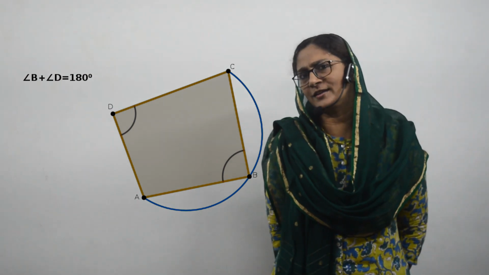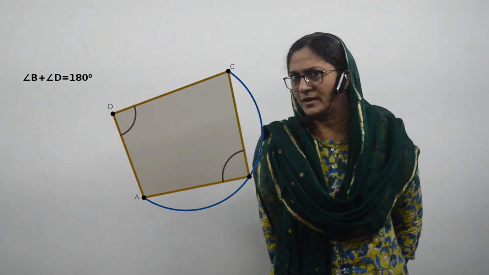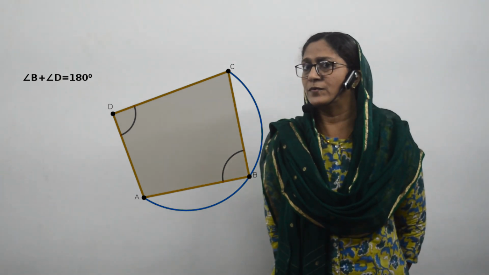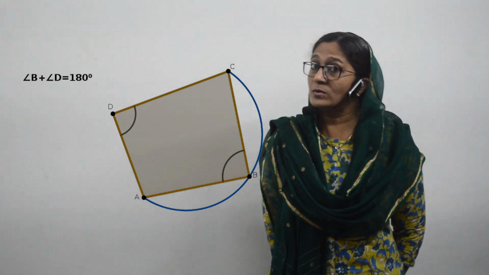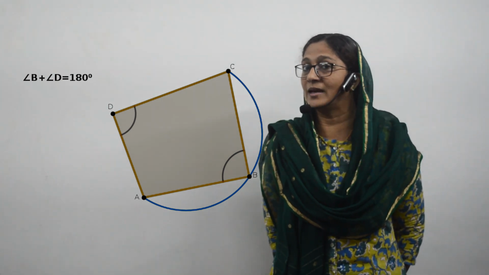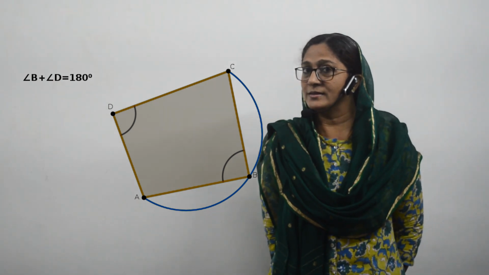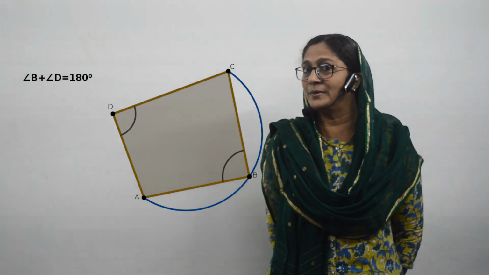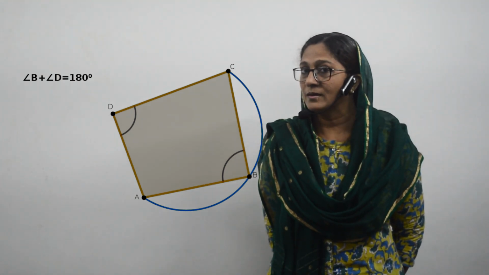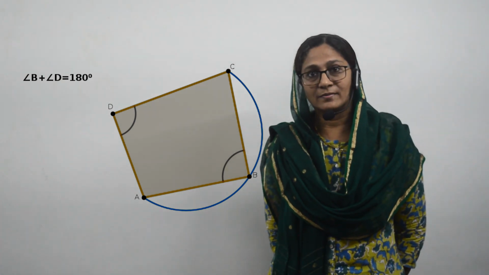Well, we have just studied that if the 3 vertices are on a circle and if the 4th vertex is outside the circle, then that pair of opposite angles will be less than 180 degrees. That is, angle B plus angle D should be less than 180 degrees. But that isn't so. Angle B plus angle D is equal to 180 degrees.